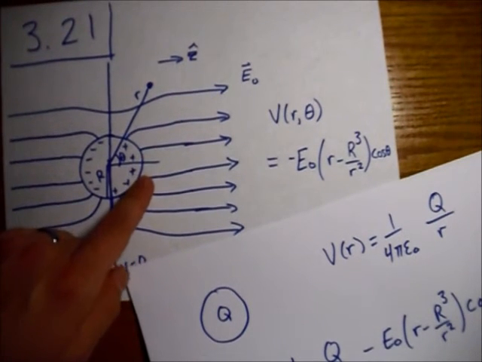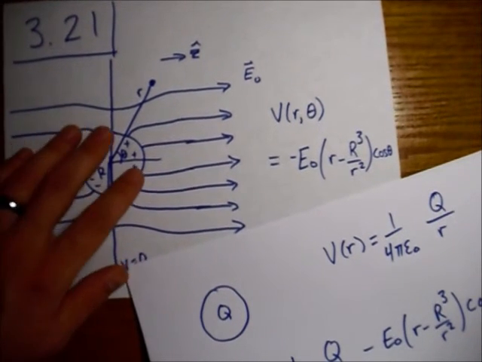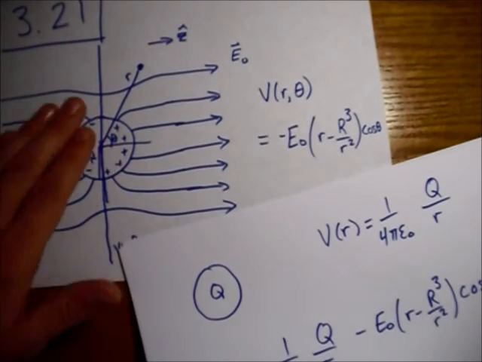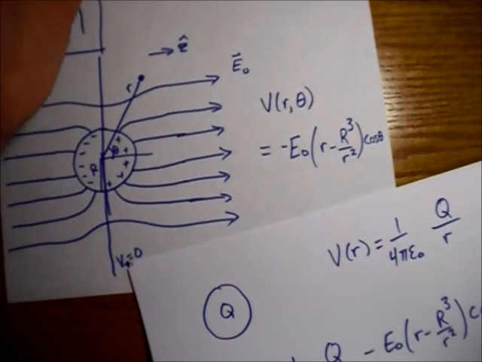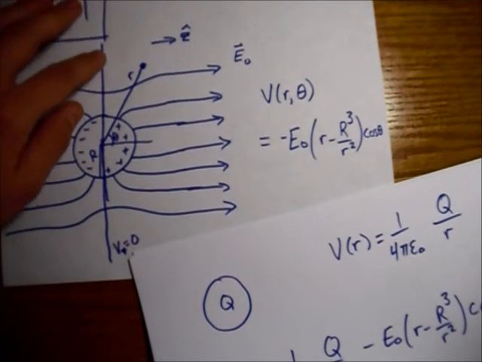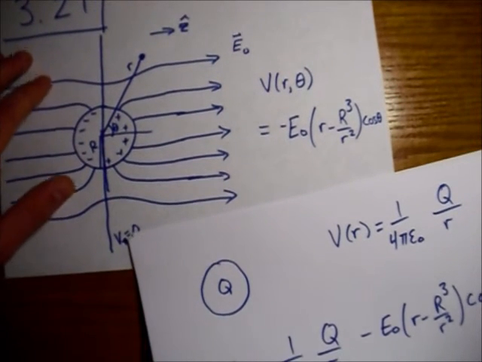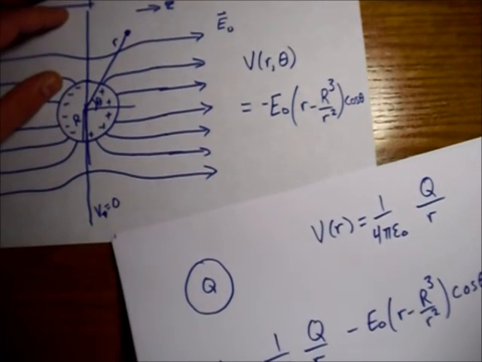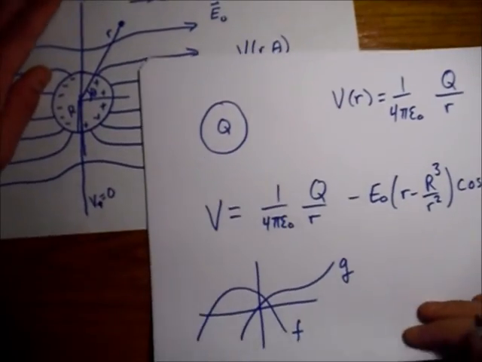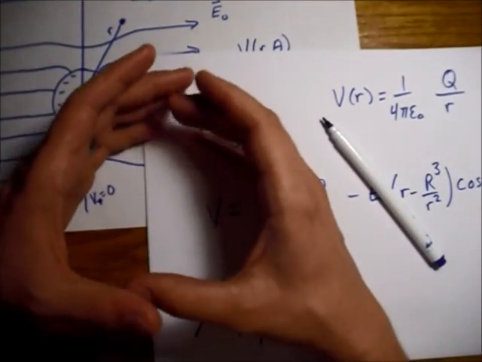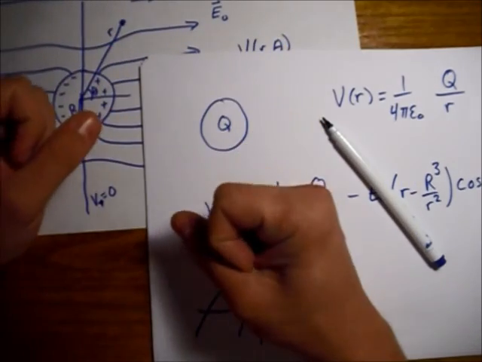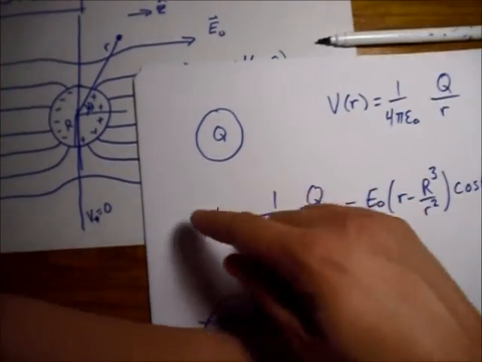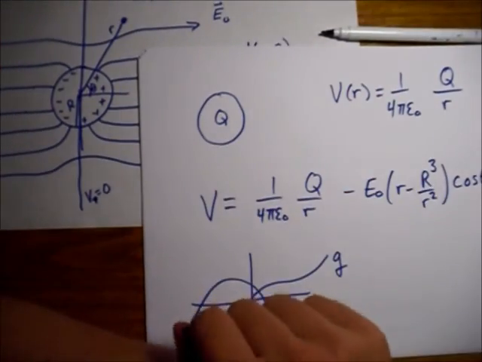If we had places where the potential is equal and opposite near the sphere, then all of those points are going to be connected. Using Laplace's equation, you can't have a local maximum or a local minimum.